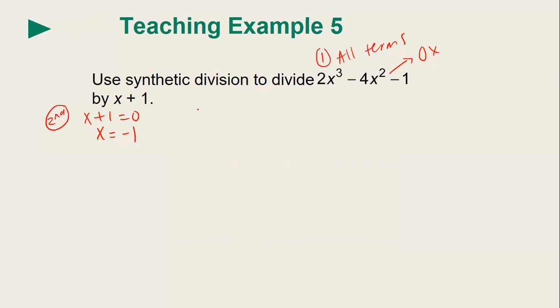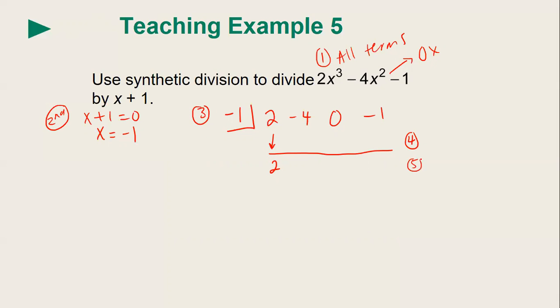Okay. Now the third thing you're going to do is set up your synthetic. On the outside is your x, so we have negative 1. On the inside are the coefficients of your dividend, so we have 2, negative 4, 0, and negative 1. And then step 4, we're now going to bring down our 2. And then step 5, we're going to multiply and add.